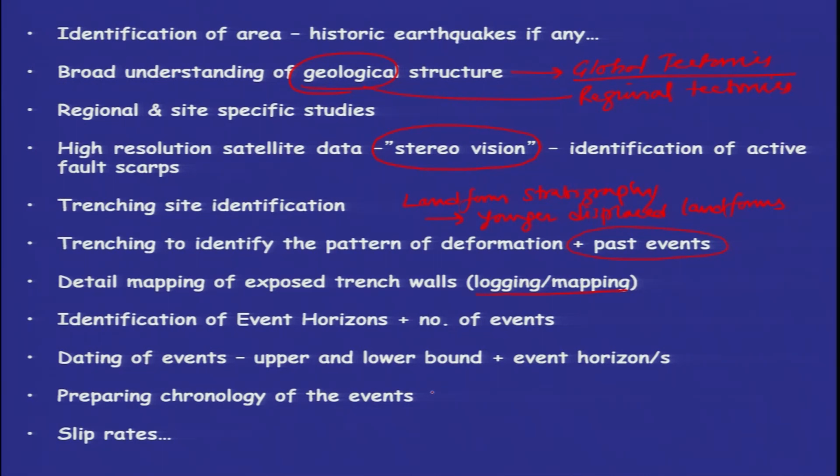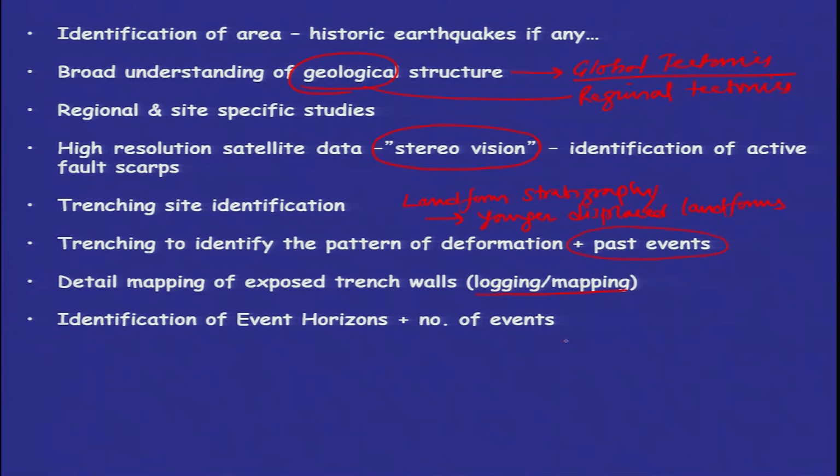Okay. So, just about the event horizon, if I have to explain here, I will put that. Suppose you have a pre-existing fault scarp. For example, you have identified, so this is the topmost surface which remained exposed before any particular event.